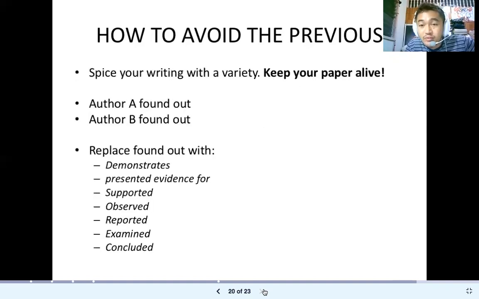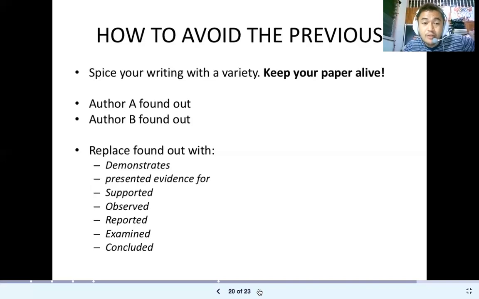Spice your writing with variety. Always make sure to keep your paper alive. Research work will be so much of words, but if you are able to spice up your writing, then it will not appear boring. Okay, author A found out, author B found out, for example.